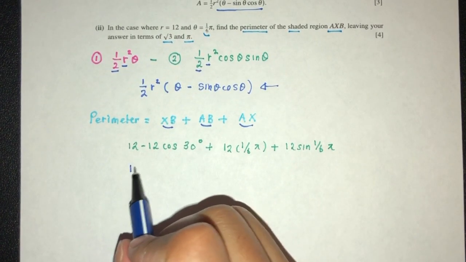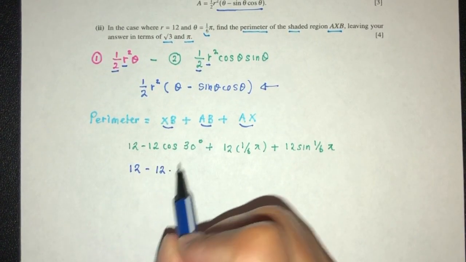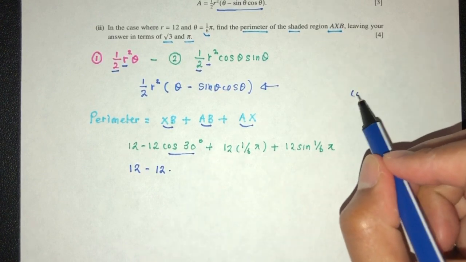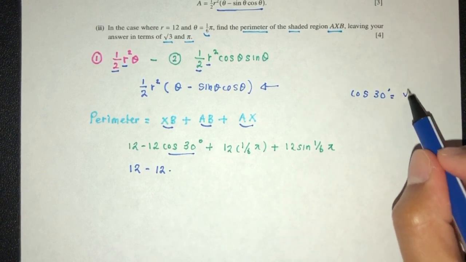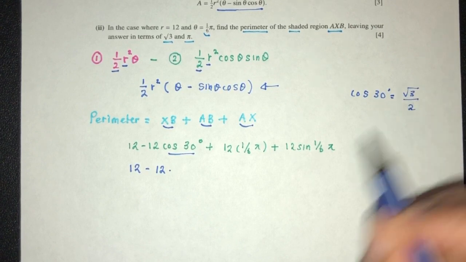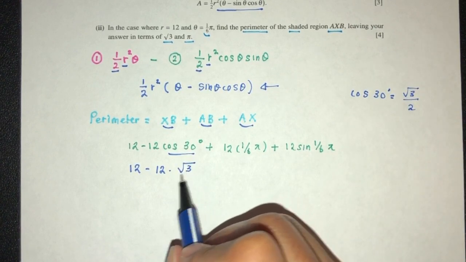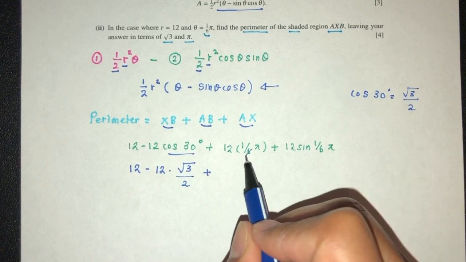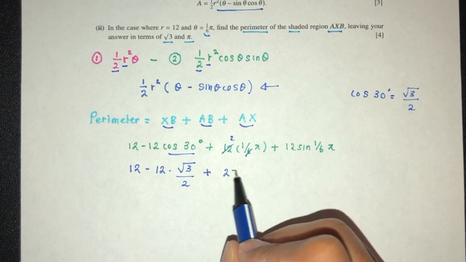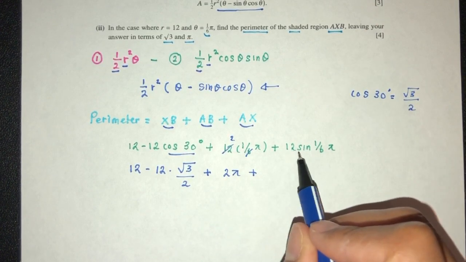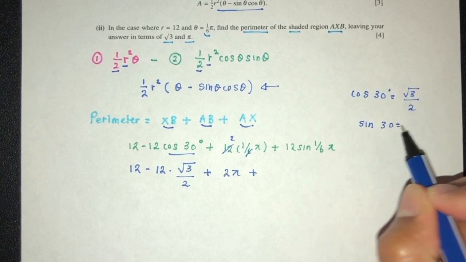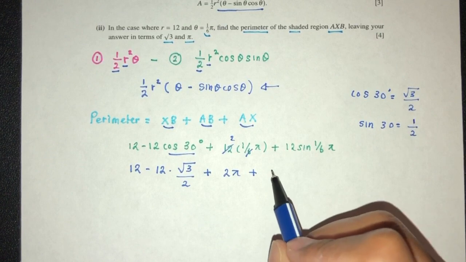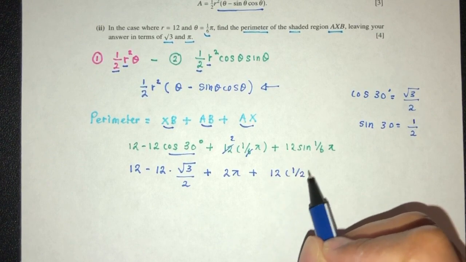So we have 12 minus 12. Now what is cos 30? We have to know the exact values of that. Cos 30 is equal to root 3 over 2. Plus, this will cancel out. You will have 2 pi plus 12 sine of 30, you can check on your calculator, should be half. That should be 12 times half.